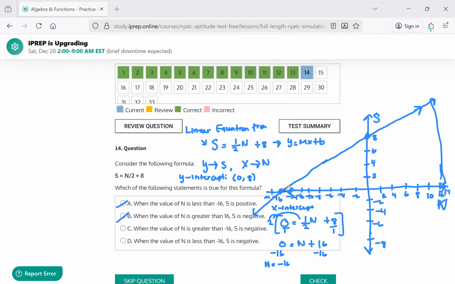If you look at -15, it starts to become positive. -14, it becomes positive. No. What about D? When the value of n is less than -16, so that means -17, s is negative. Yes. Here's -17. What is the y value or the s value? Negative some number, right? So it's this one.